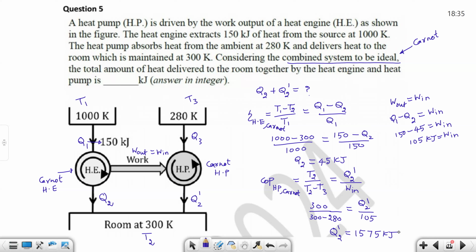So the total heat delivered to the room by the heat engine and the heat pump: sum both, Q2 is 45 plus 1575, together 1620 kilojoule. So your answer is 1620 kilojoule.